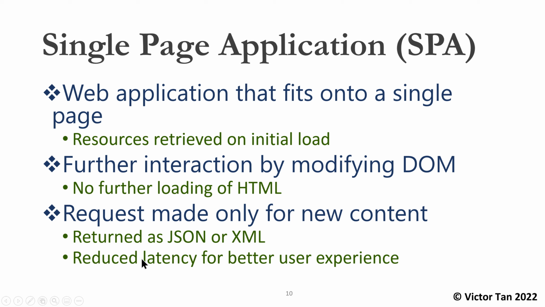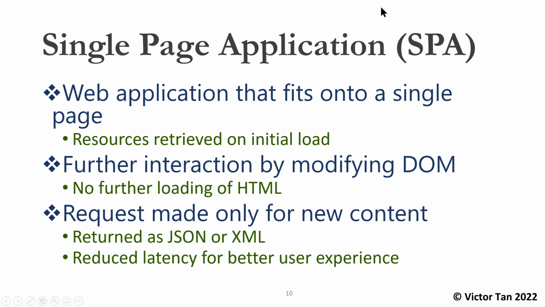Why reduced latency is important is because, of course, nowadays everybody is accessing web pages through their mobile phone, and if you have a mobile data connection, it may not be as stable as a wired fiber optic connection. So you obviously want to minimize the amount of bandwidth consumed by the resources that are returned from the backend server.